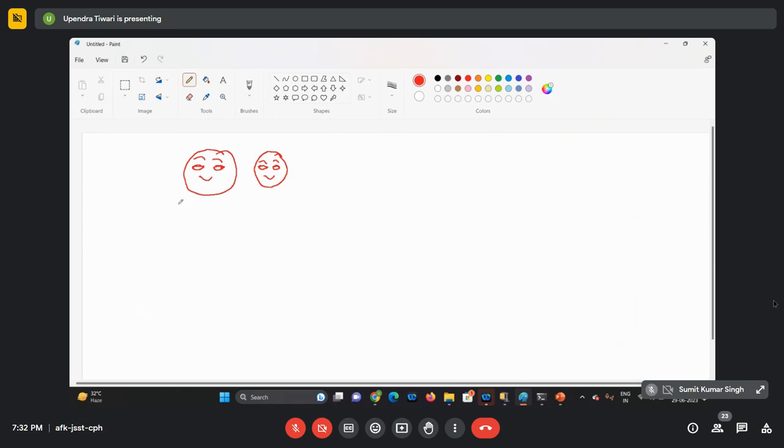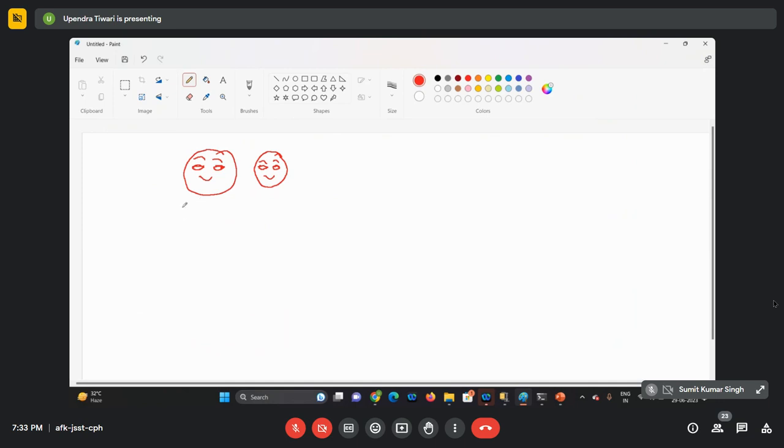Are they similar or not? How do you identify that here? You will just get each individual feature. You will compare this left eye with the left eye of the other image, this right eye with the right eye, this mouth with the mouth. And on the basis of the percentage of match, you will say whether these two images are similar or not.